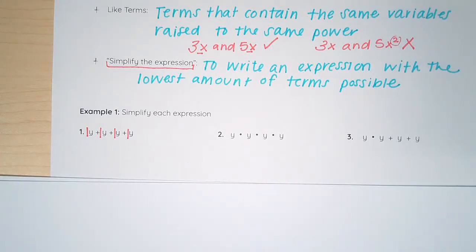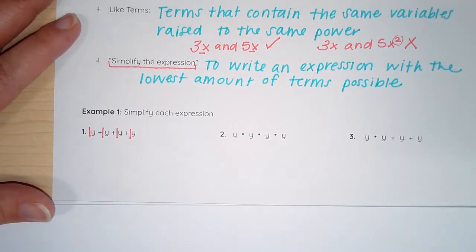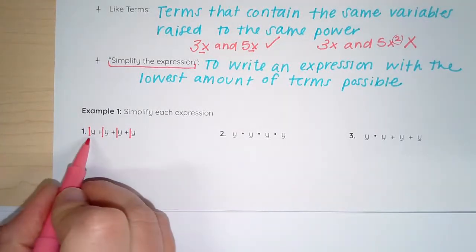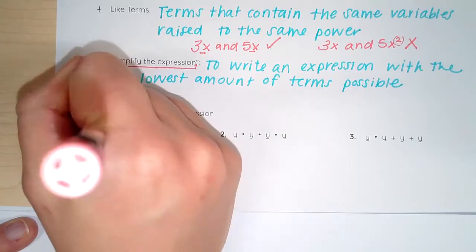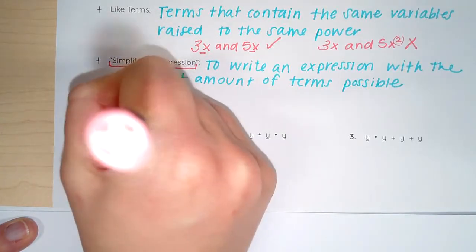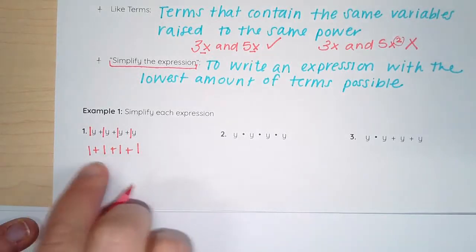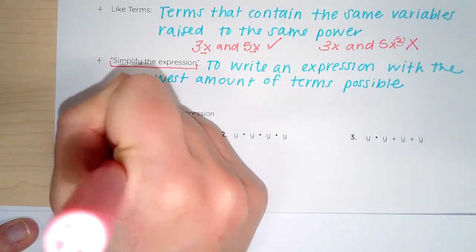When we add numbers together, repeated addition, that is multiplication. So if I just have 1 plus 1 plus 1 plus 1, I could instead simplify that to say 1 four times.